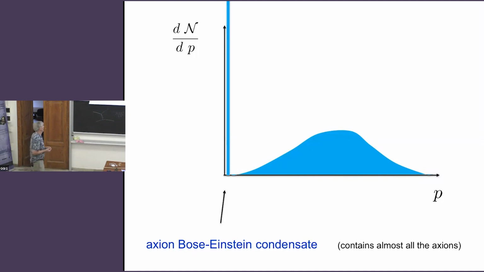And the reason it happens very fast is that the momentum transfer is very small. When you go from highly occupied states to highly occupied states, you have this Bose enhancement factor.